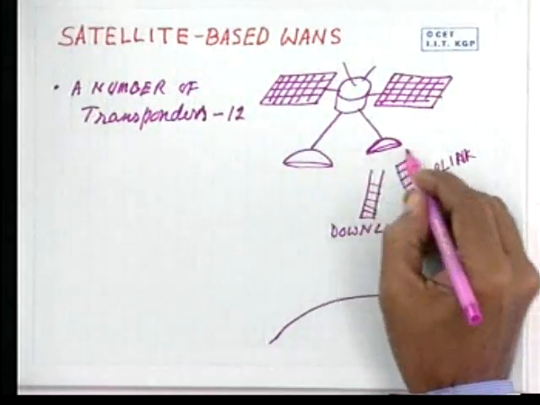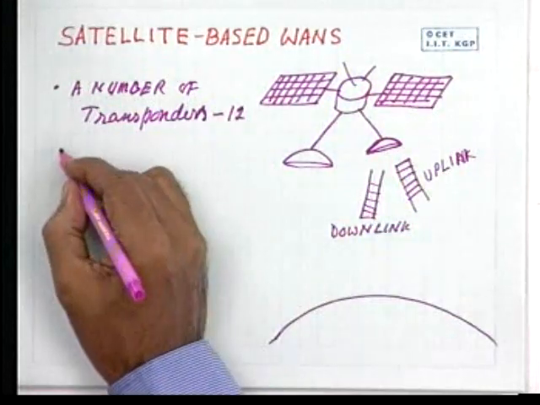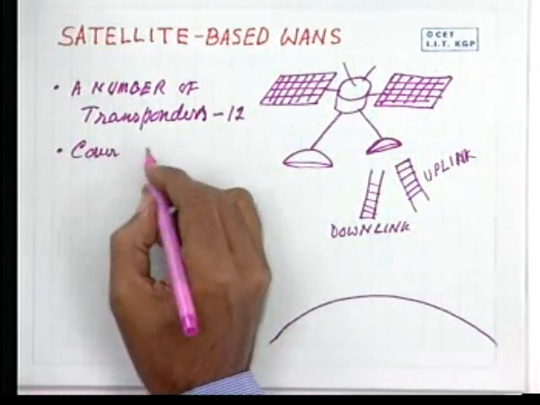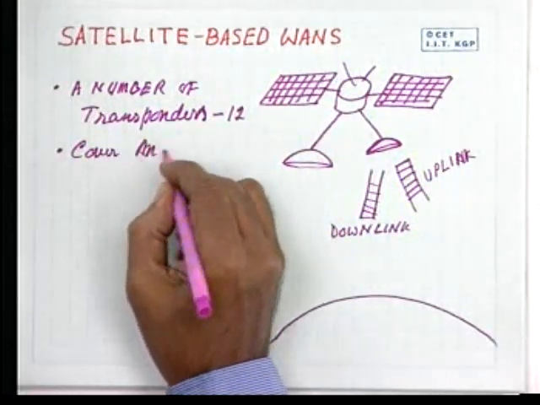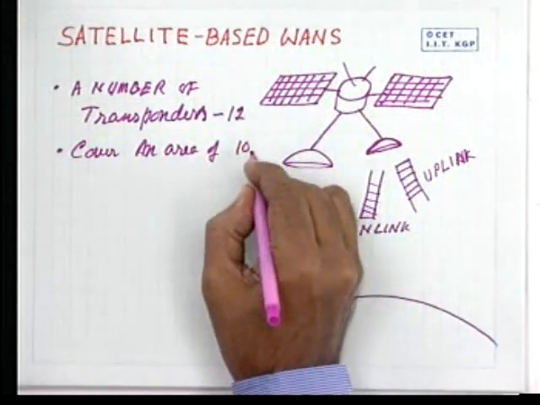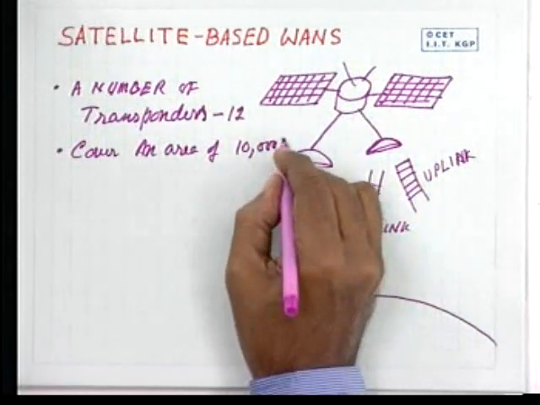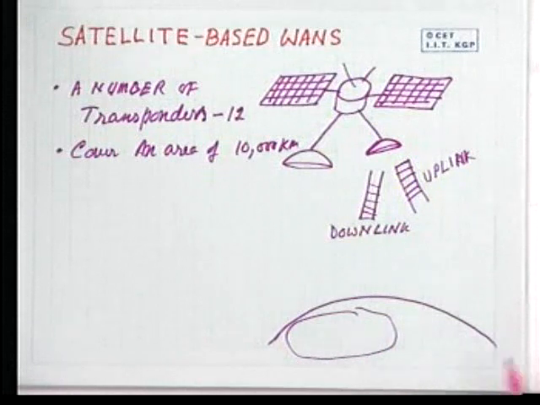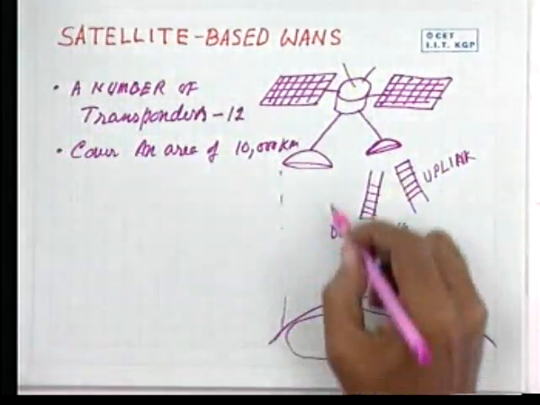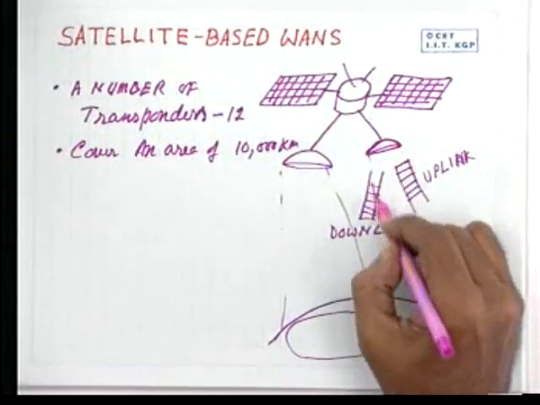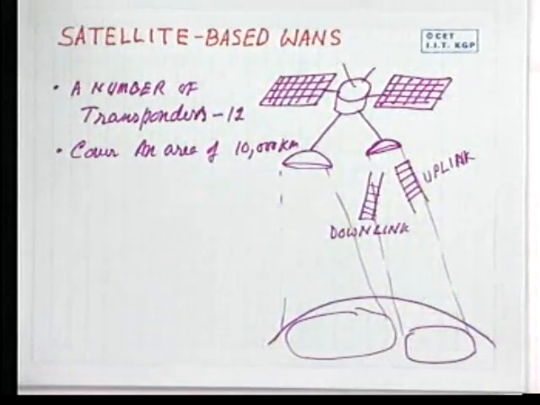Now, each transponder can cover an area of say 10,000 kilometers across on the surface of the Earth. So this transponder will cover this much area, and this transponder will cover this much area, and so on.